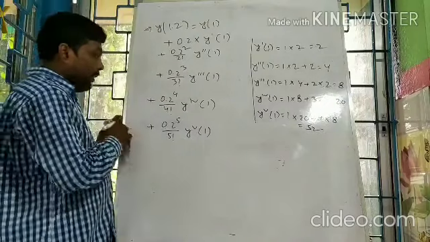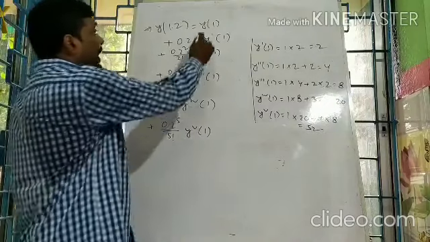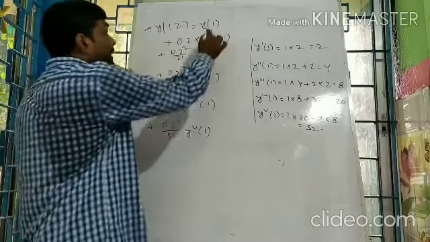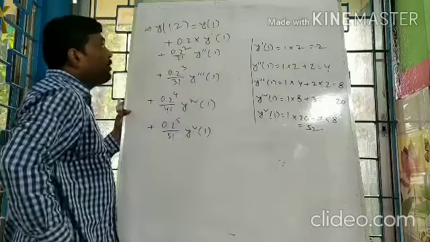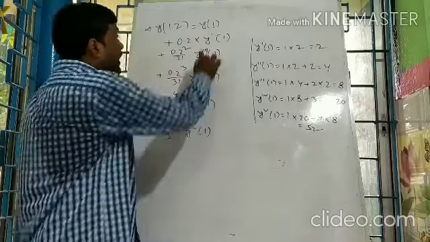Okay. Now put y1. y1 is y at the point x0 equals 1, that is 2.